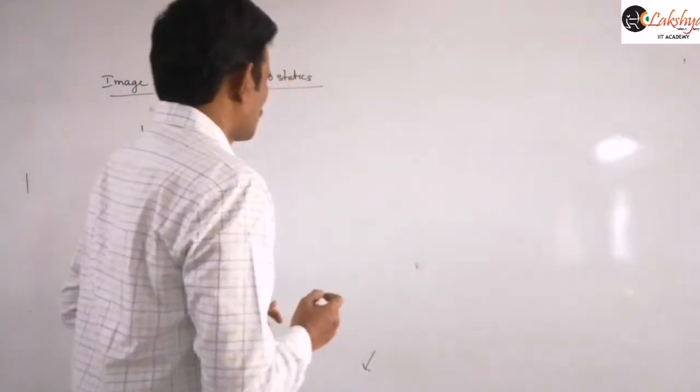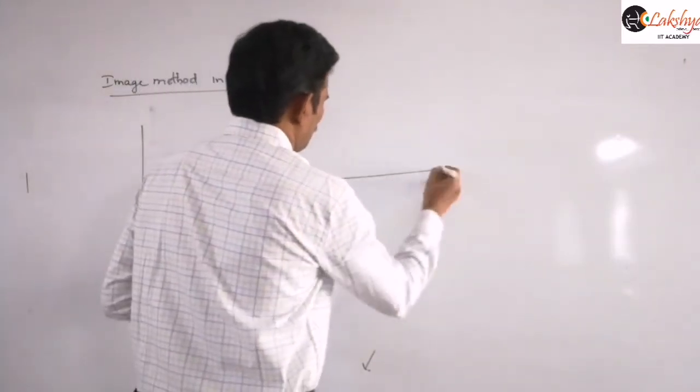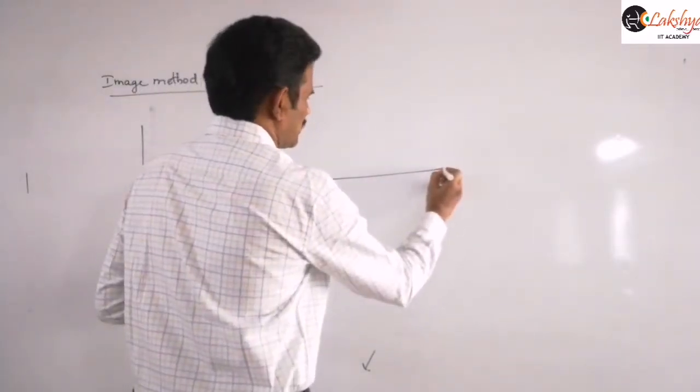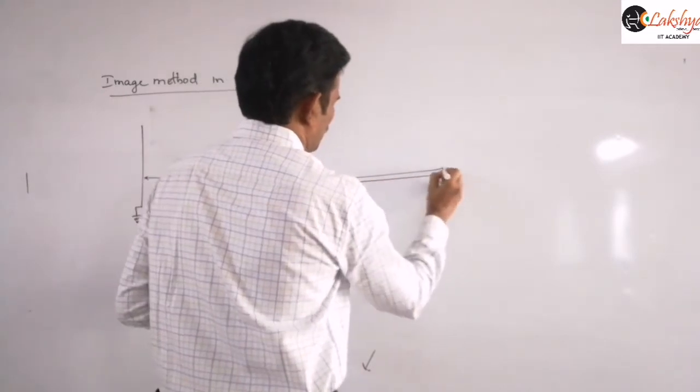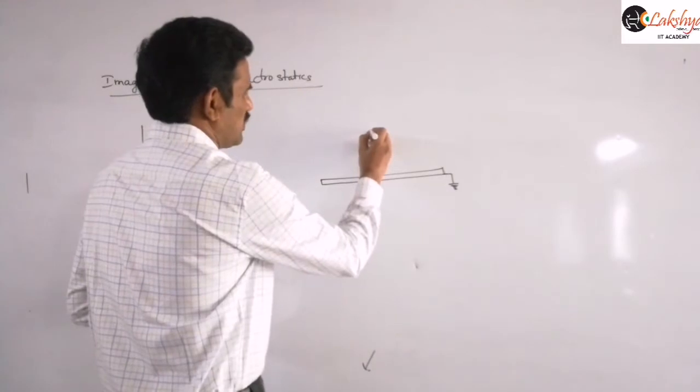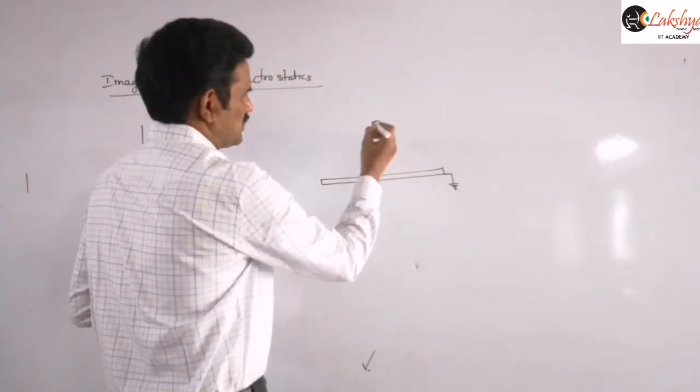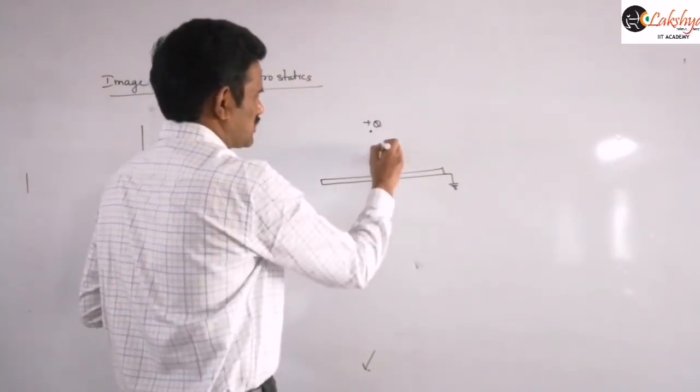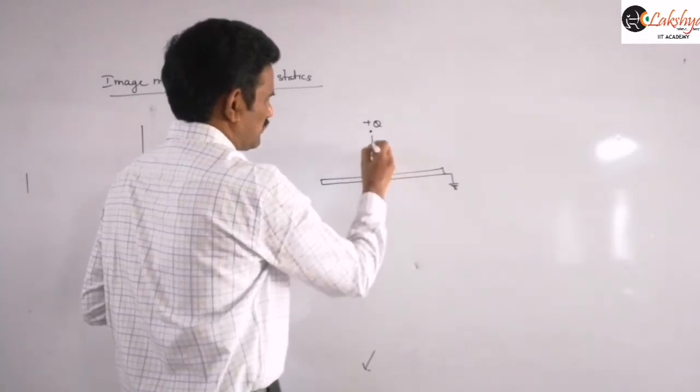Like suppose what I am saying here is, here I am taking a conducting plate. Let us take this as one conducting plate which is grounded here. And now the given point charge configuration is like this. This is a point charge given at a distance of L above this.